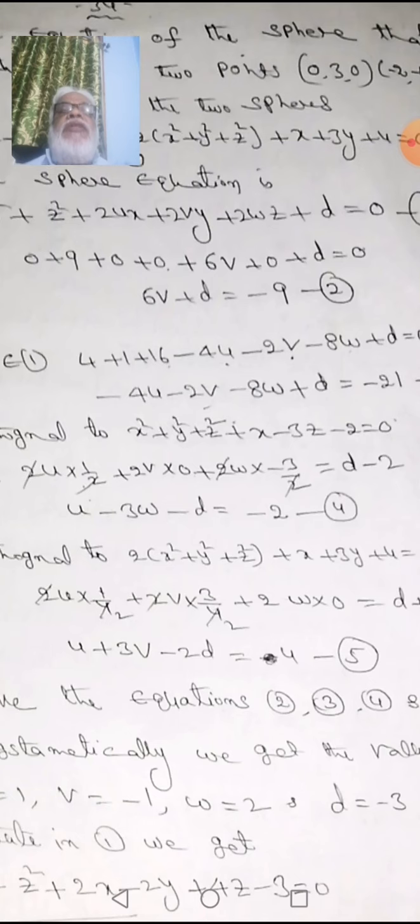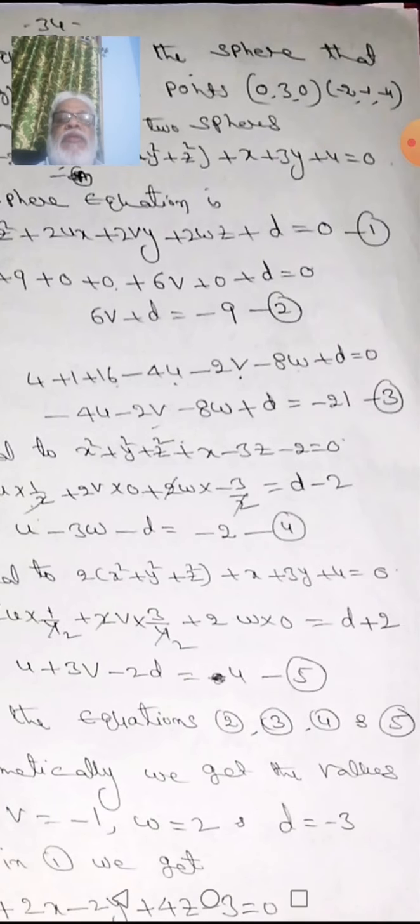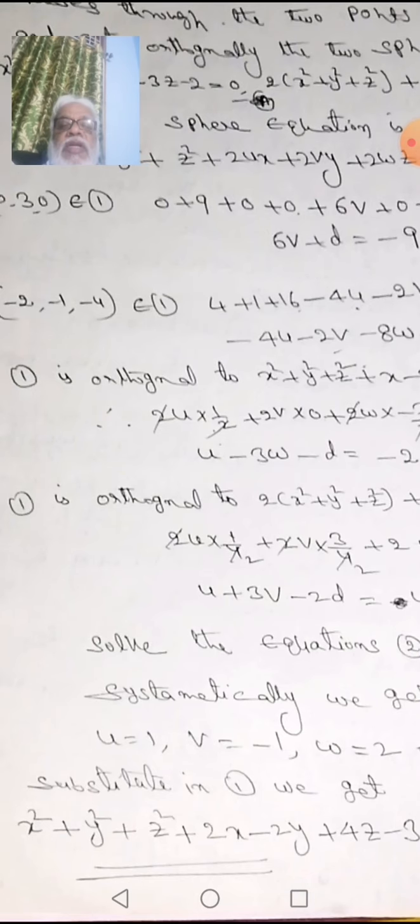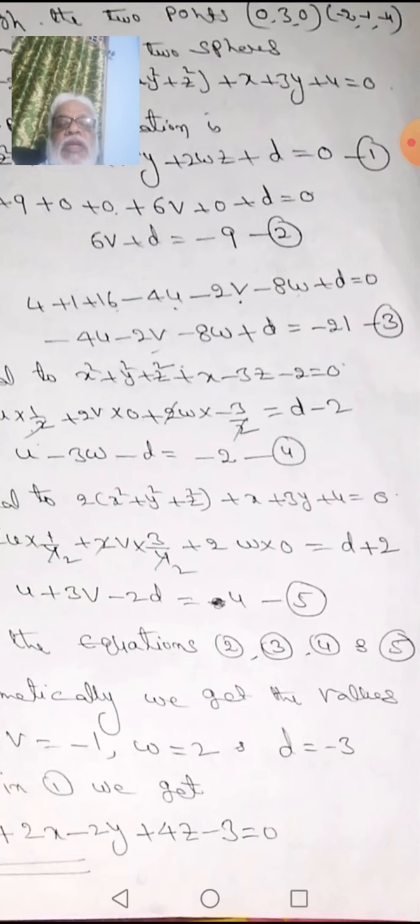We solve the equations for u, v, w and d values. After some work in solving the linear equations, u is equal to 1, v is equal to minus 1, w is equal to 2 and d is equal to minus 3.